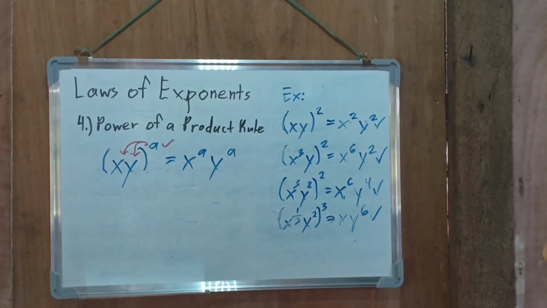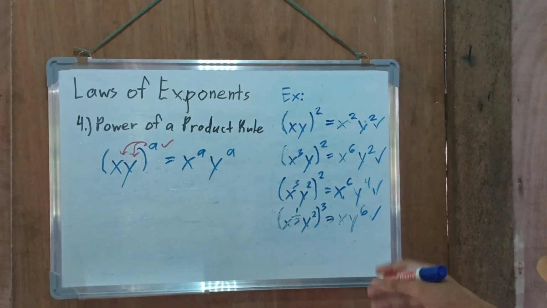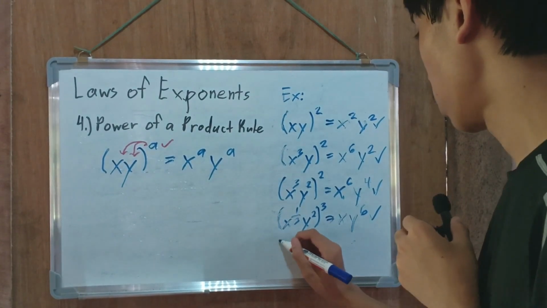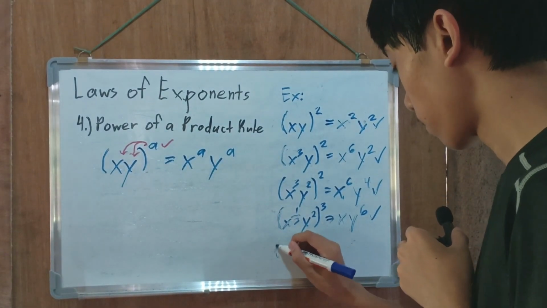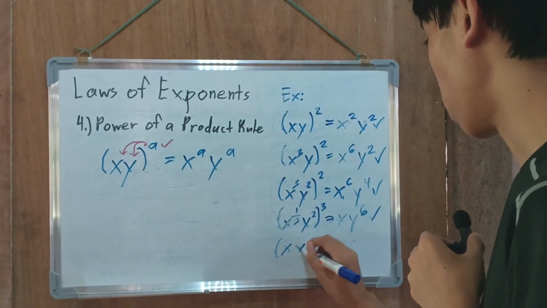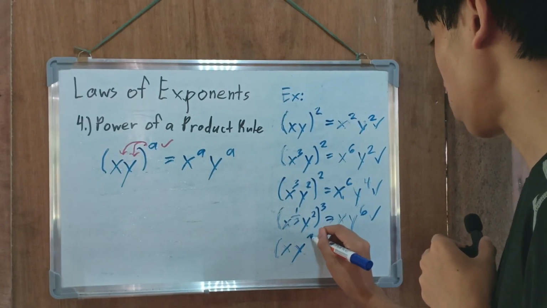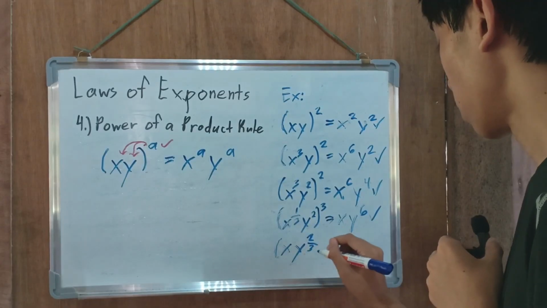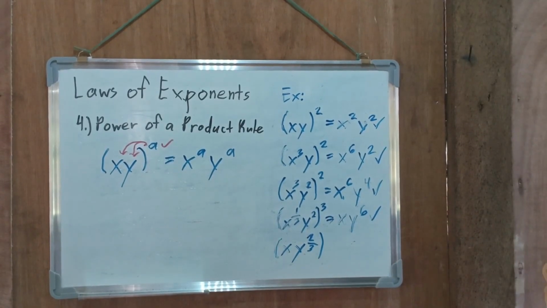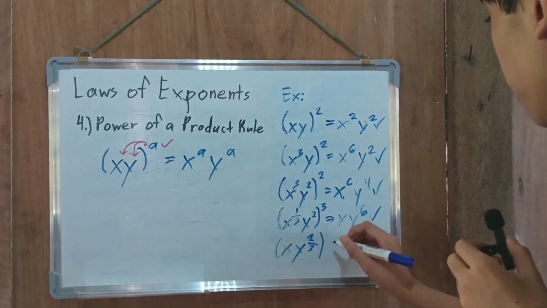Now, what if the numerator is greater than 1? So this is just x, and then you're going to put y raised to 2/3, all raised to 2.